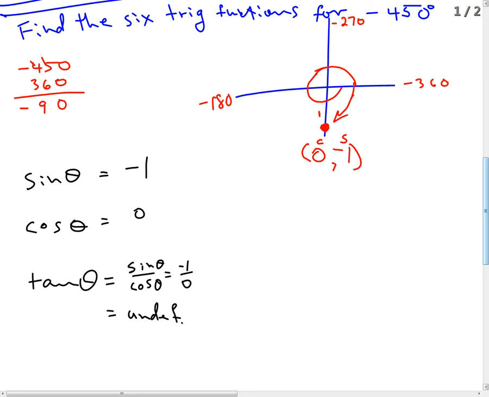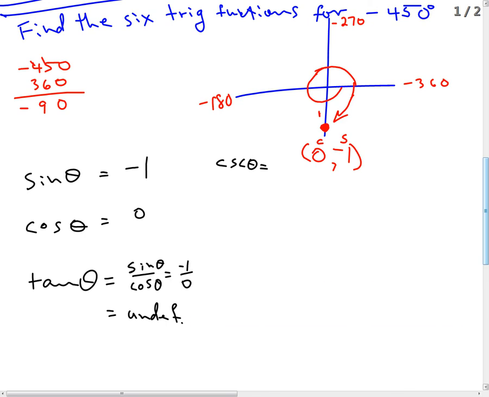Dylan, what is the reciprocal of sine? What is it called? Secant, cosecant, or cotangent? Cosecant, good. Okay, so sine is negative 1, right?